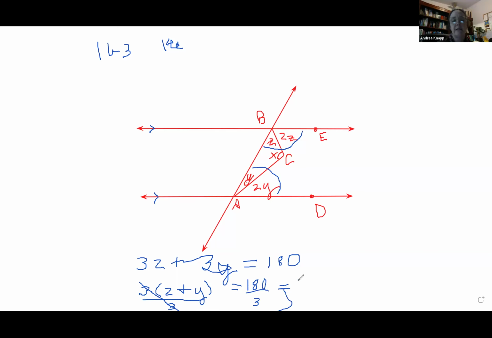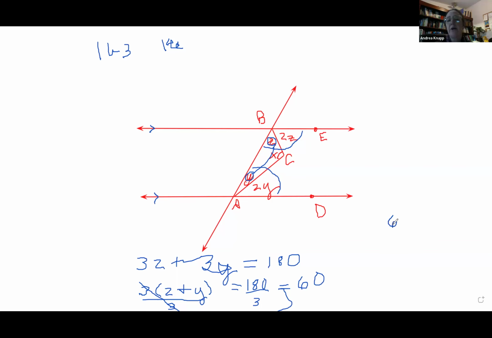is 60. Now, is that going to help me in any way? Yes, it is. Y plus Z is 60, and I know a relationship. What is the sum of the angles in any triangle? 180. So Z plus Y plus X has to be 180.